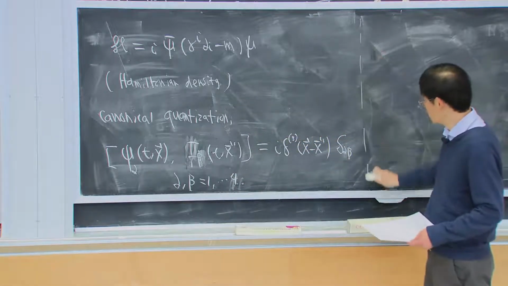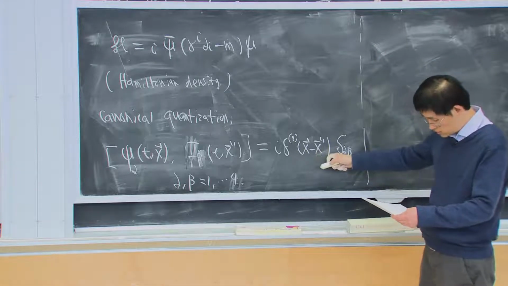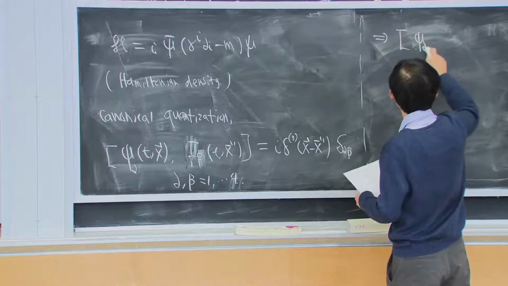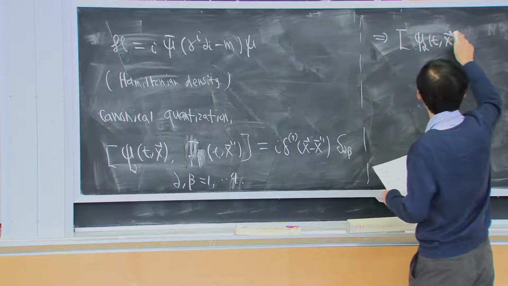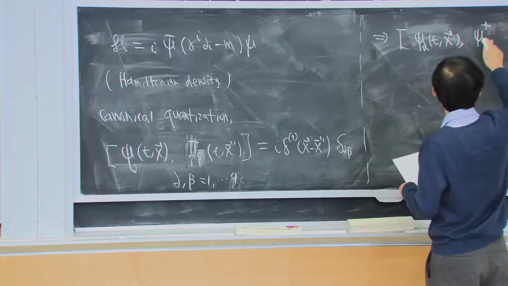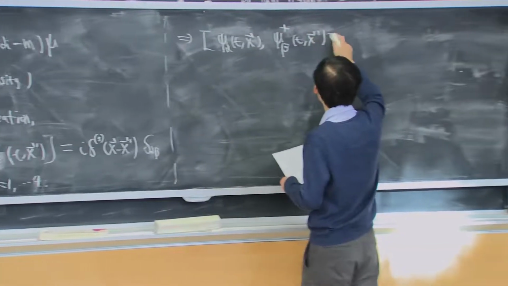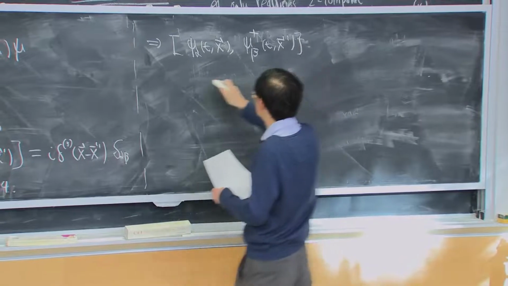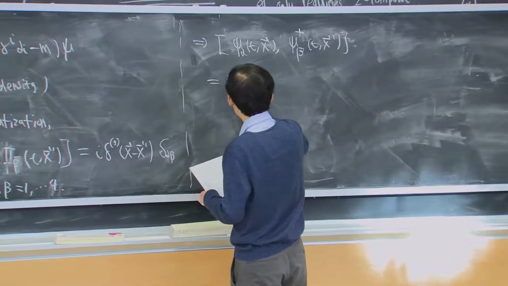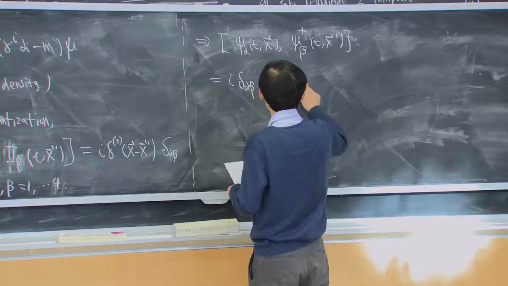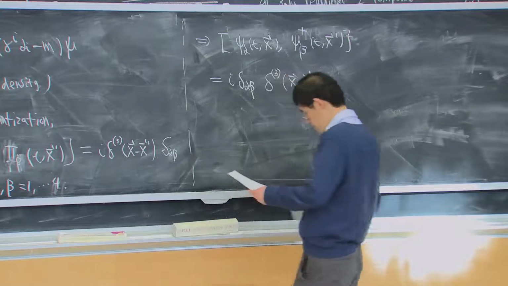So if you impose this, it is equivalent to psi alpha (t, x) psi dagger beta (t, x prime) equal to i delta alpha beta delta(x minus x prime).